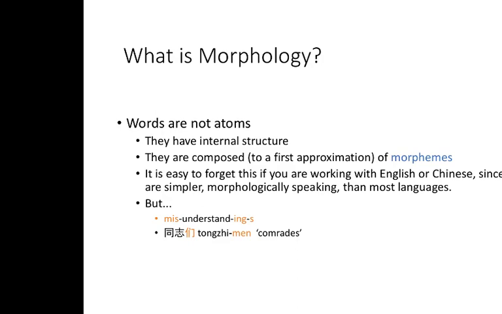But even in English and Chinese, there are some other kinds of morphology. So in English, you can have words with a few morphemes, like misunderstandings. Each of these parts has a meaning to it, and it occurs in multiple different words, and it does something.